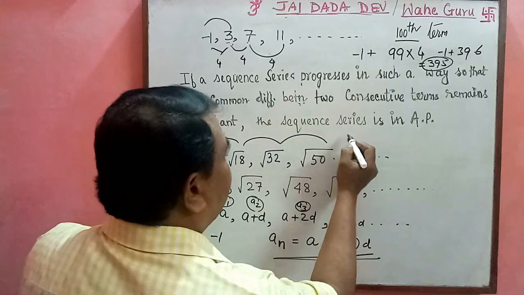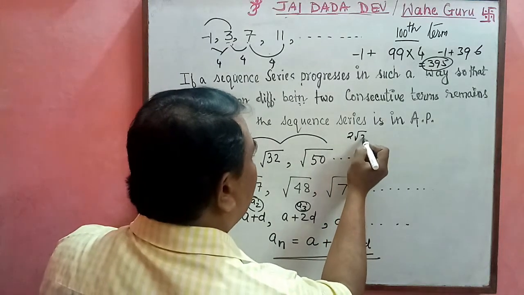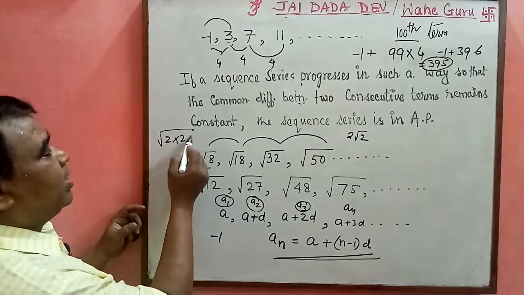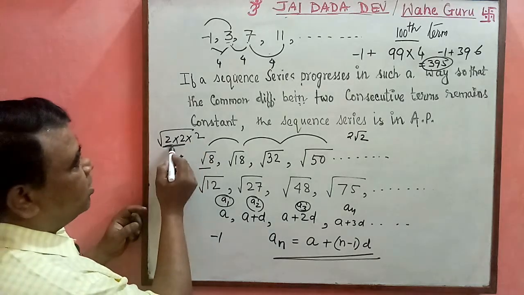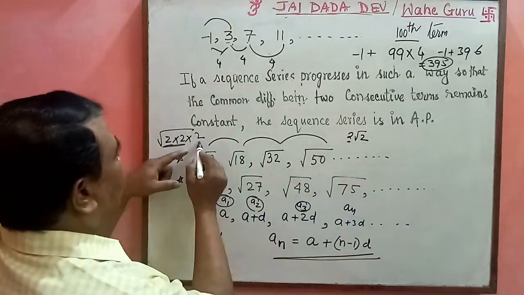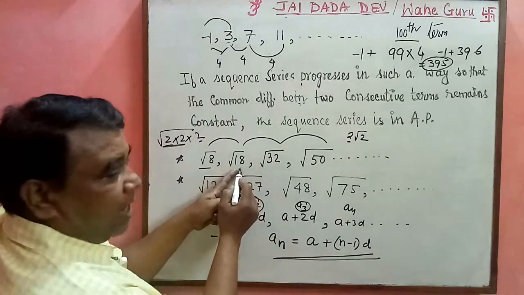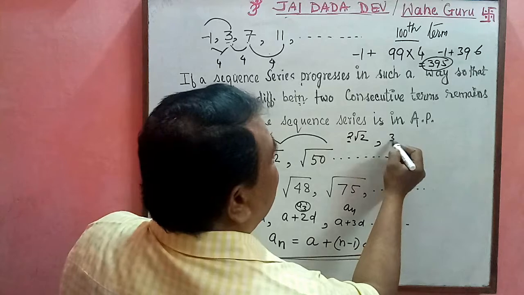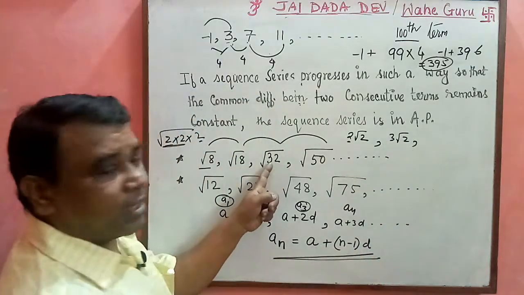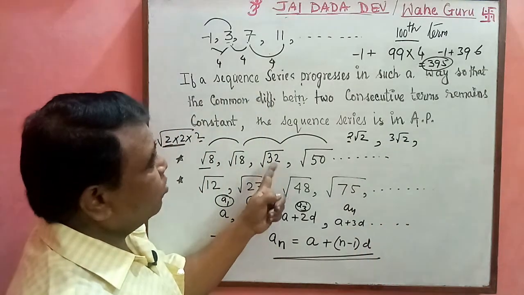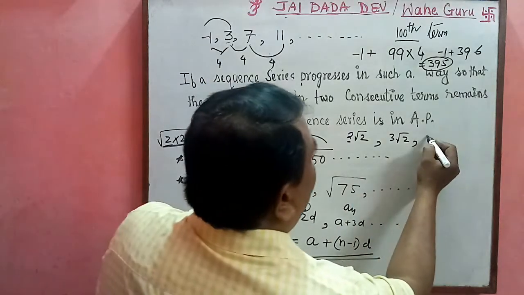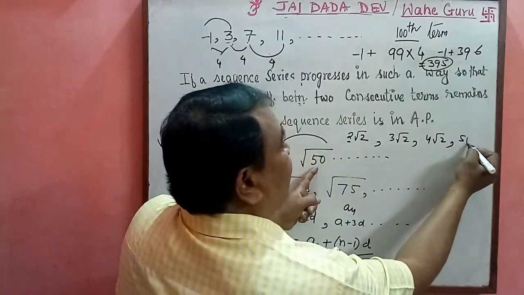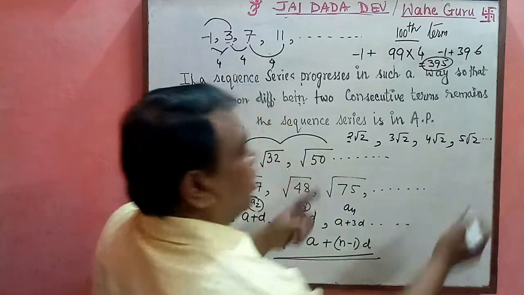It can be written in the form 2 root 2, because 8 is 2 into 2 into 2, but 2 is out and one 2 is remaining here. Likewise, this is 3 into 3 into 2, this is 3 root 2, and this is 16 into 2, this is 4 root 2, and this is 25 into 2, this is 5 root 2. This way it is progressing.